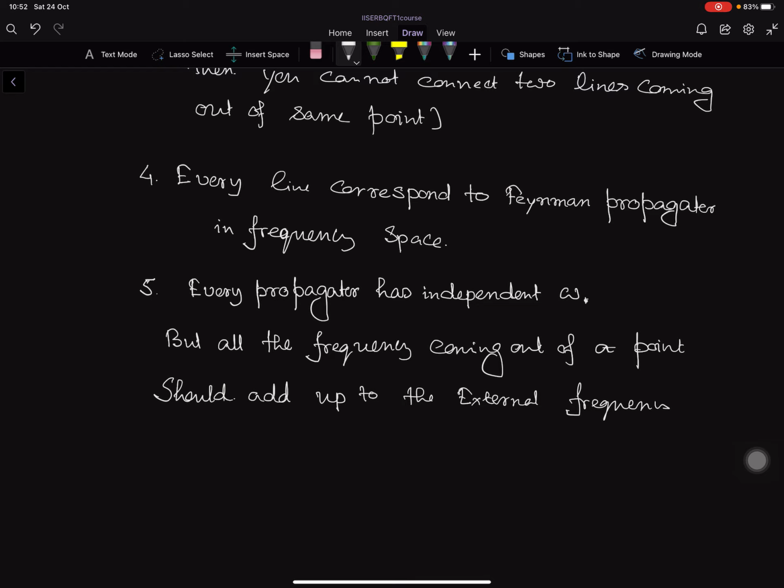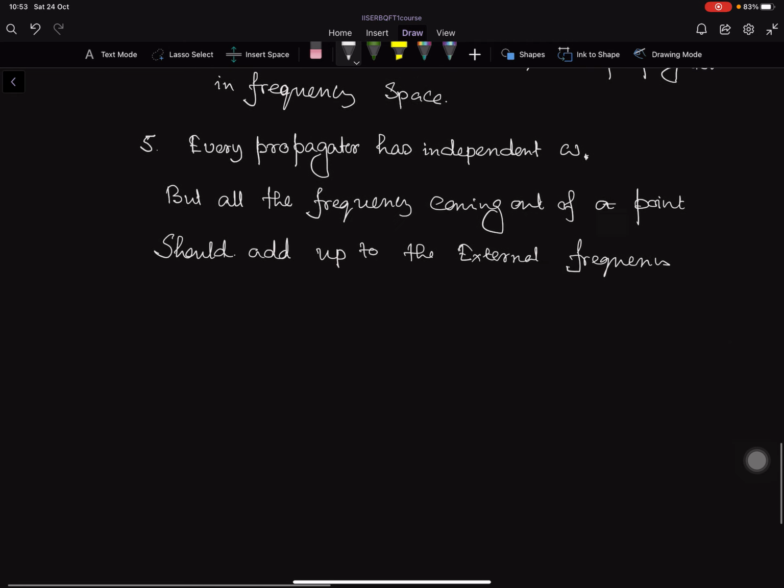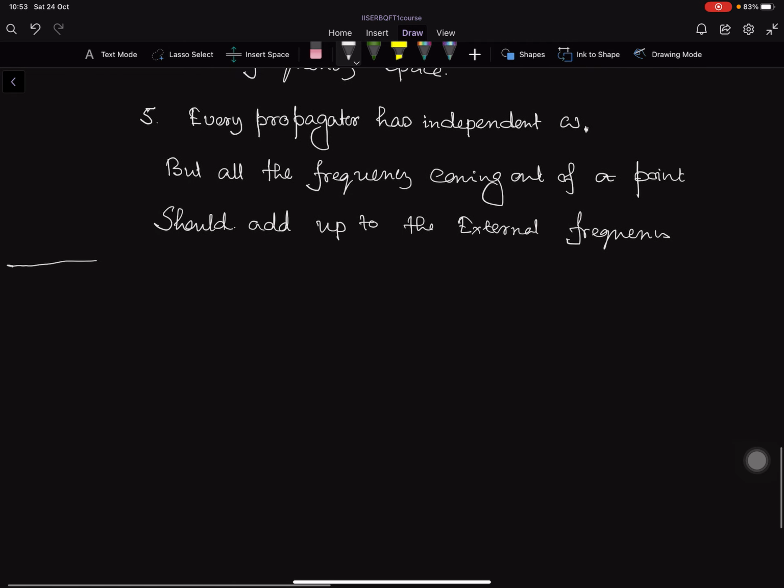Okay, so this is probably too complicated. So let's do this computation. Let's do one simple computation. There will be more exercises. There will be more examples available in the notes. So let's say we want to do the computation of this thing.